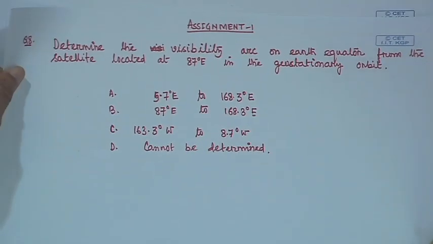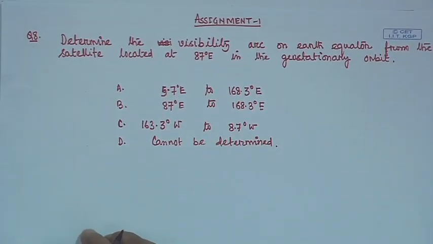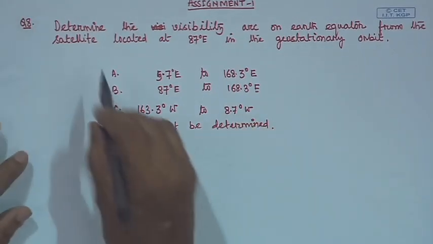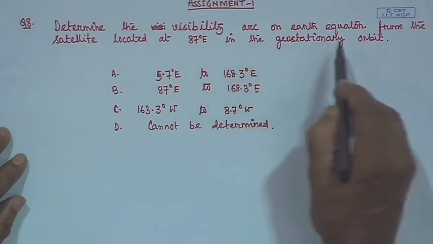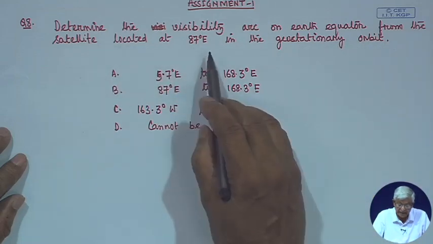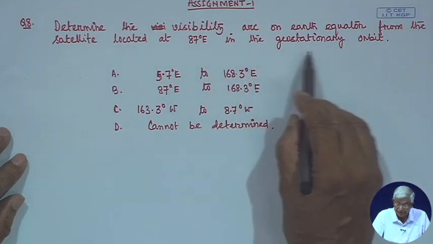So, question number 8. Now, this is the visibility. Determine the visibility arc on Earth equator from the satellite located at 87 degree east in the geostationary orbit.